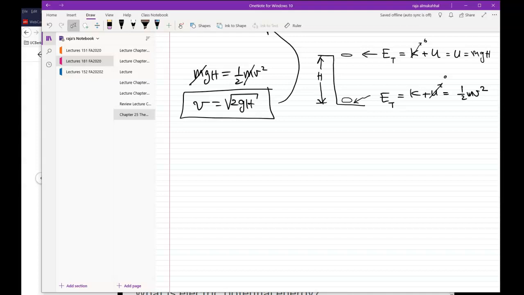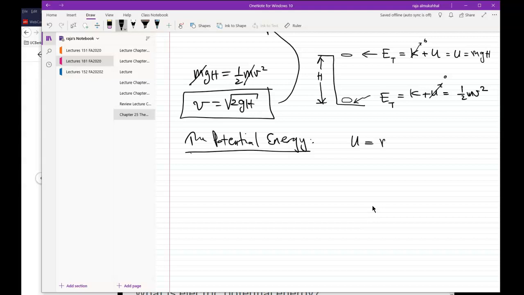One more thing I want to talk about, and that is the potential energy, U. There are two versions for the potential energy, at least two versions that you have studied already. One is when we're dealing with height on the surface of the Earth.